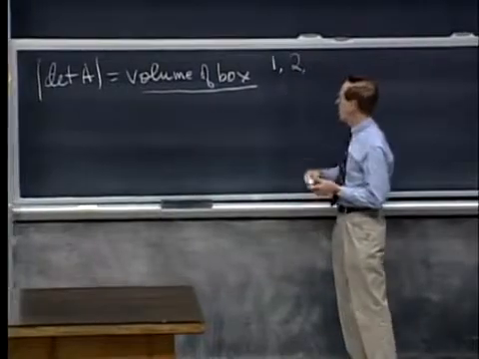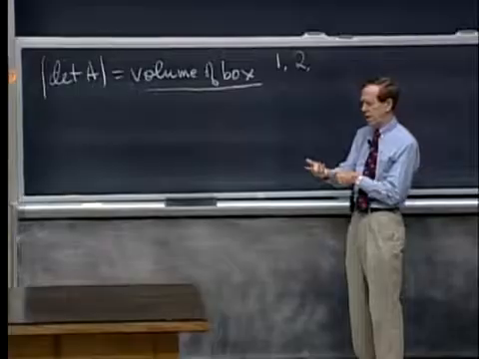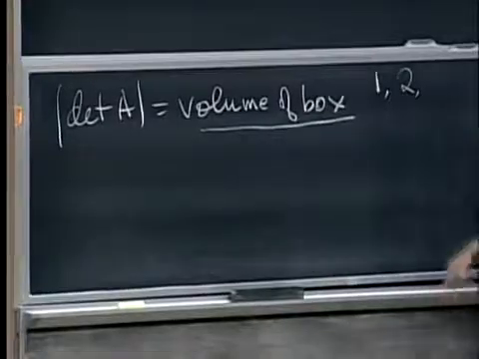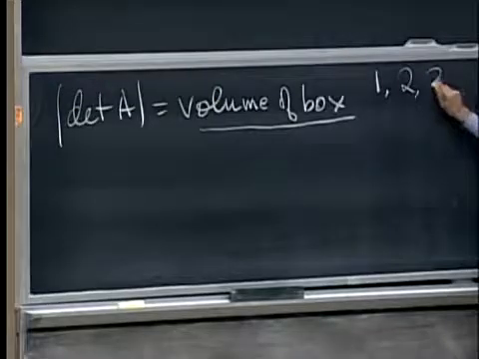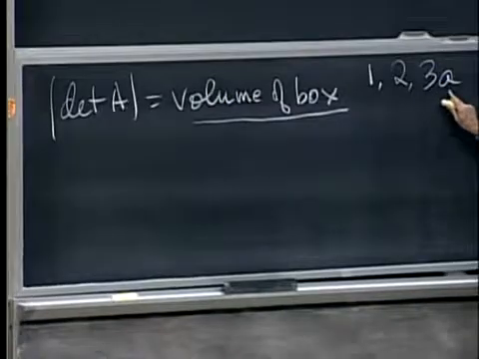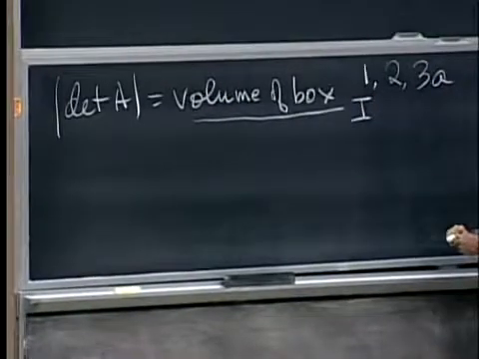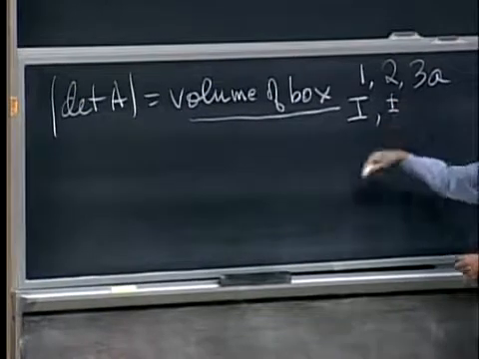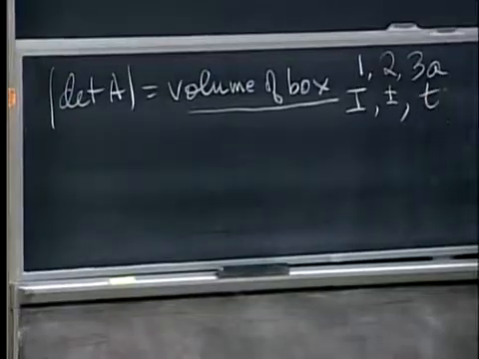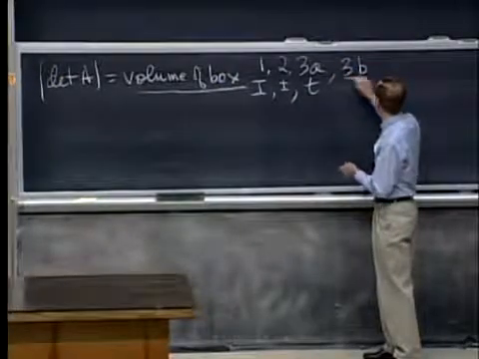Property 2 was if I reverse two rows, but that doesn't change the box, and it doesn't change the absolute value, so no problem there. Property 1 was about the identity matrix. Property 2 was about a plus or minus sign that I don't care about. Property 3a was a factor t in a row. But now I've got property 3b to deal with.